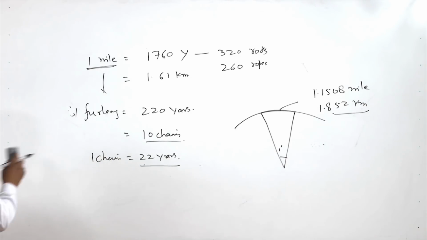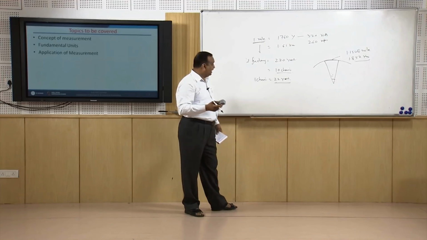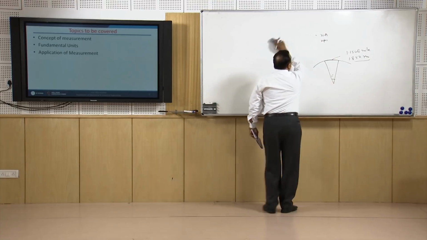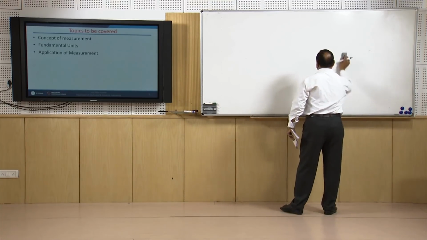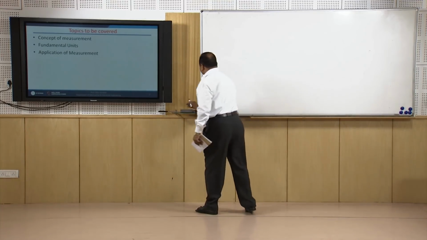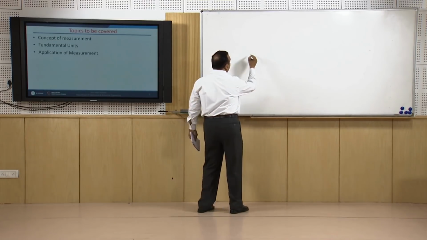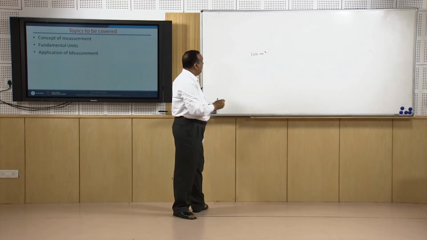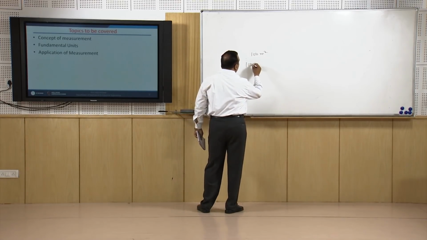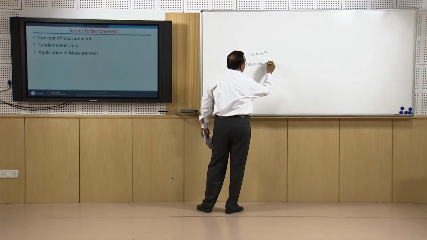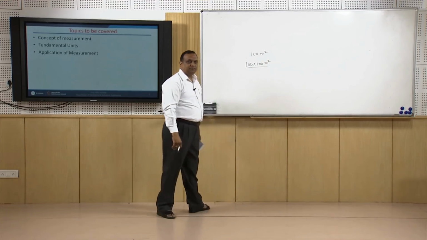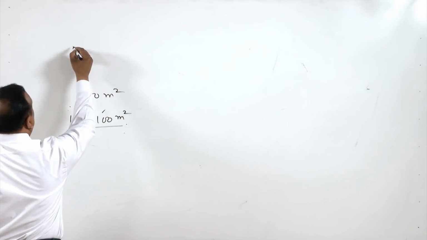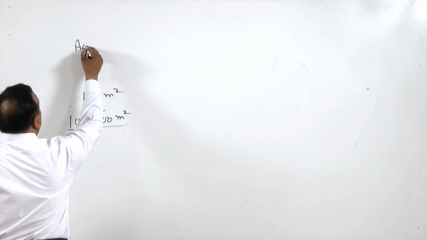Now, in addition to the length, the area of a surface nowadays is expressed in terms of square meters or ares or hectares. 1 are is 100 square meters. 1 hectare is 100 into 100 square meters. That is 1 hectare. In earlier days, the area was expressed in terms of acres.